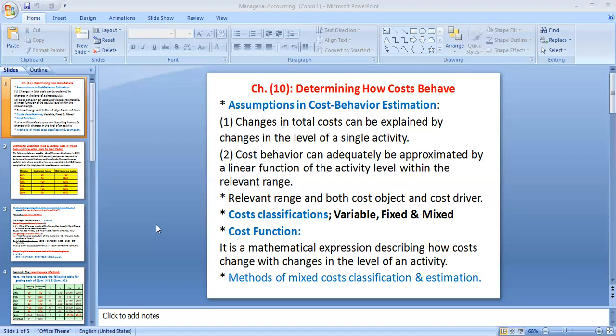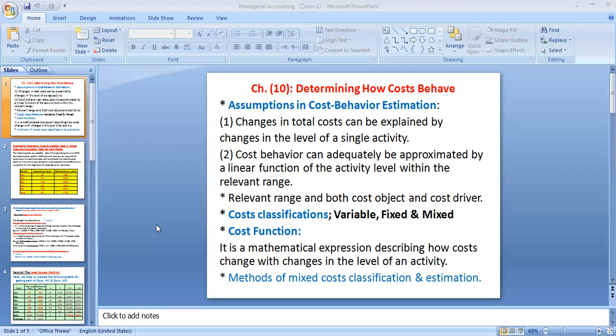Single activity may be producing one product. If we increase the level of production of this product, total cost will increase. If we decrease it, total cost will decrease. If we stopped producing this product, total cost will equal fixed cost.